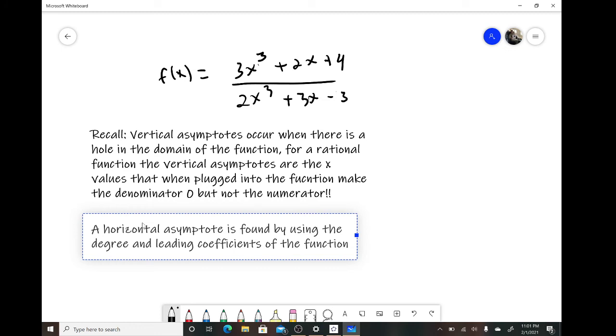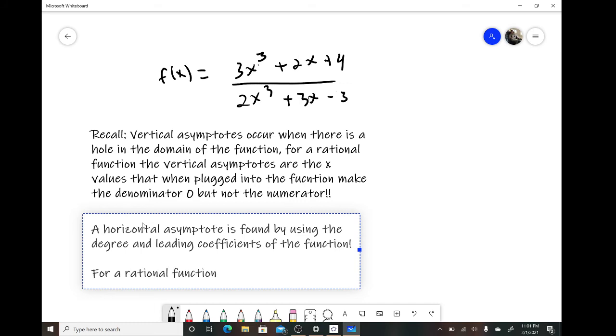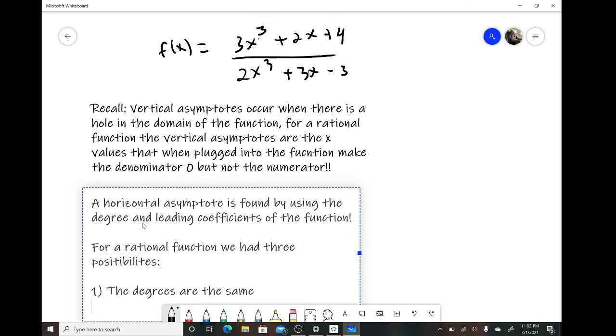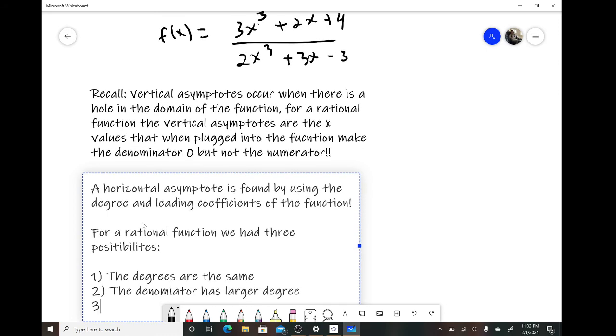For a rational function, we had three possibilities. 1, the degrees are the same. 2, the denominator has larger degree. 3, the numerator has larger degree.